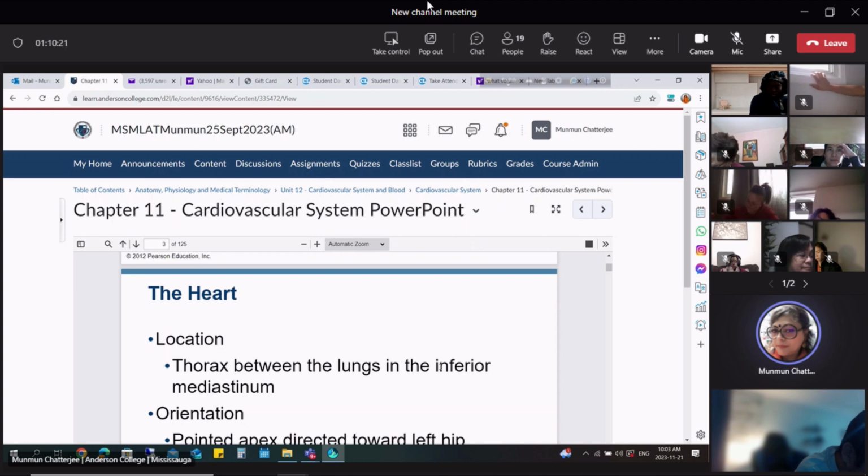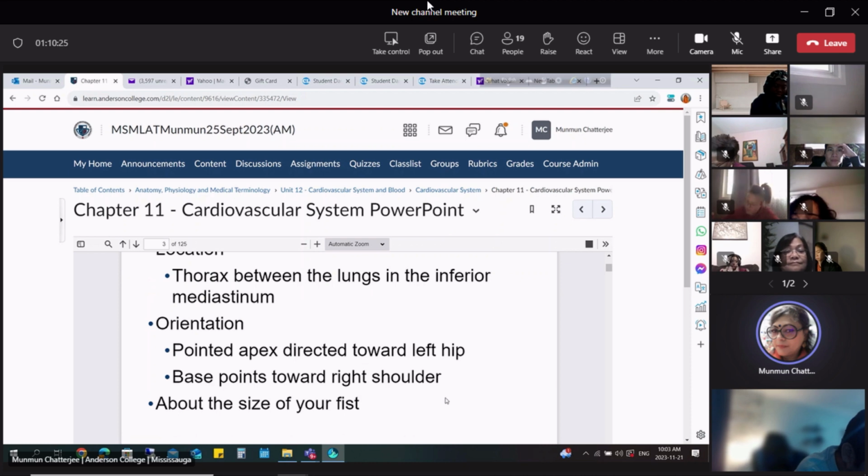What is the orientation? How is it placed? The apex directs towards the hip, that is the tip of the heart. It's called the apex. It's the left hip. So the apex of the heart is always pointed towards the left hip. And the base, that is the upper portion, is toward the right shoulder. So it's slightly angled, not straight.